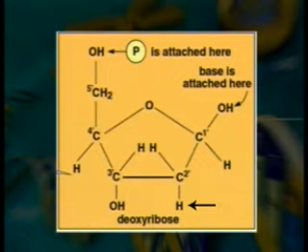Hence, it is named 2'-deoxyribose. The positions of carbon atoms of pentose sugars are denoted as 1', 2', 3', 4', and 5', in order to differentiate them from the corresponding positions in DNA bases, which are not marked by a prime.